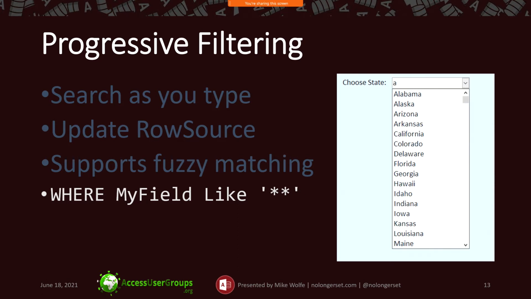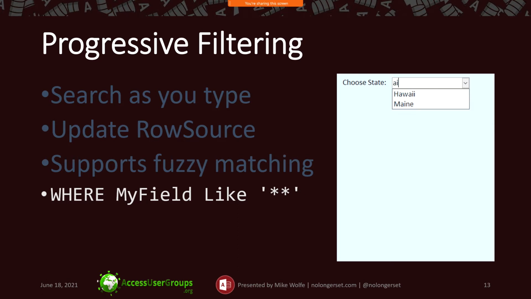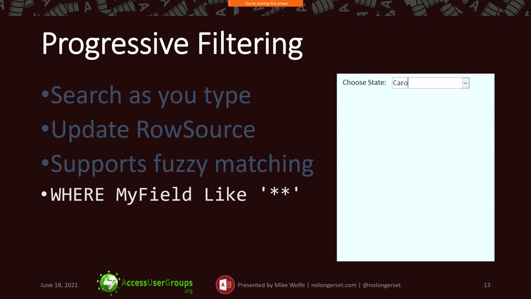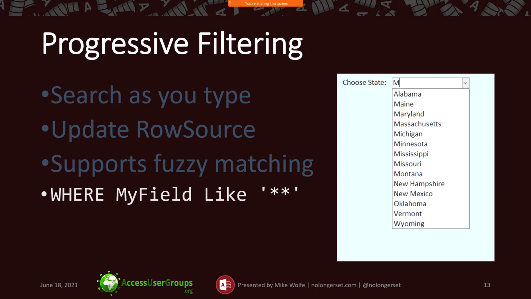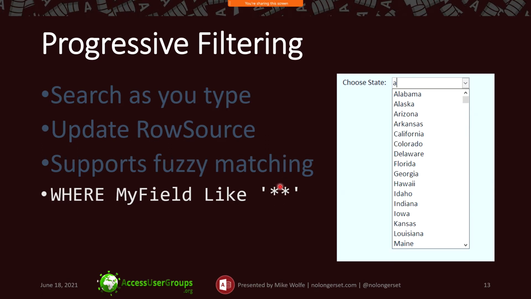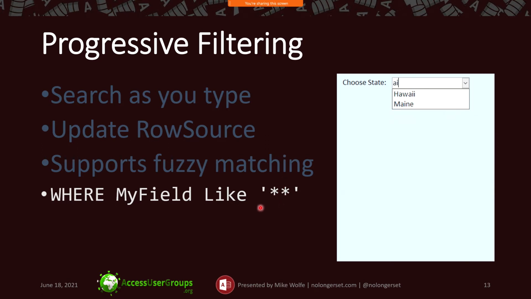The key to making that implementation work is this special syntax where you pass in a double asterisk. So as the user types text into the combo box, the text is going to get inserted right in between these asterisks. So you can restrict this based on whatever field you want to.